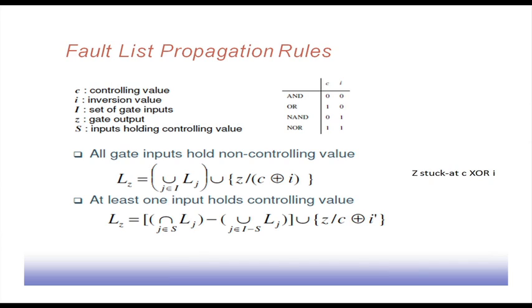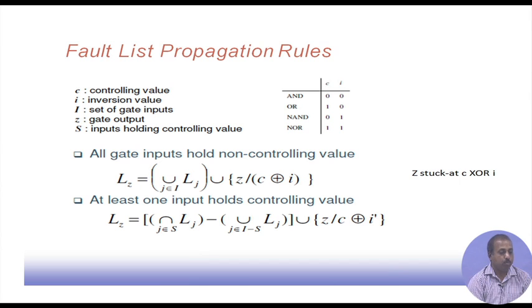So, if all gate inputs hold non controlling value, then the list of faults associated with line Z, that could be observed at line Z, is given by the union of Lj, where j belongs to I, the set of gate inputs. So, whatever faults you could have associated with the inputs of the gate, you take the union of them, and that becomes a part of Lz.